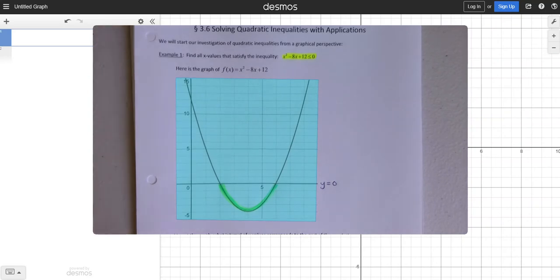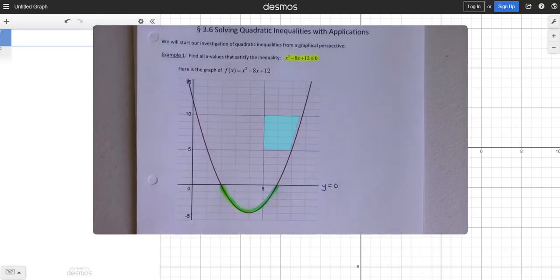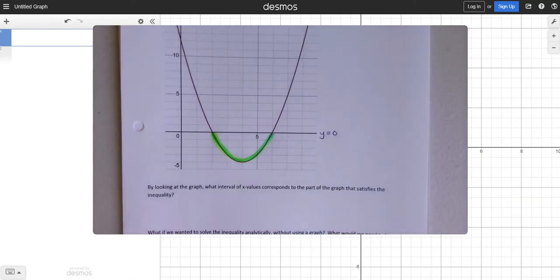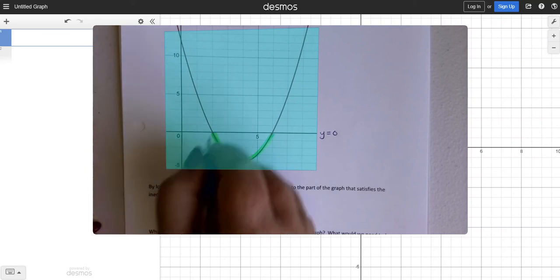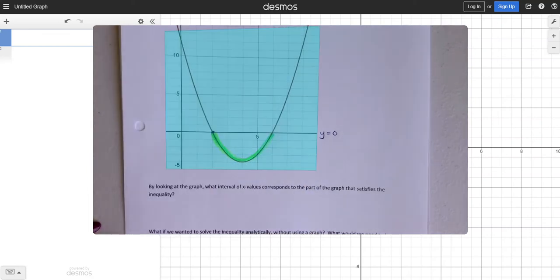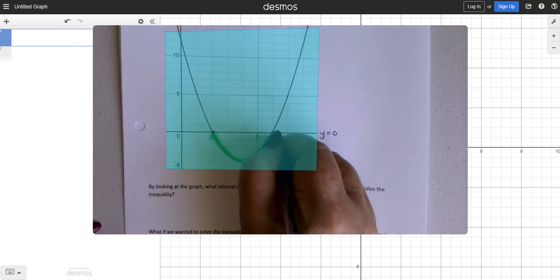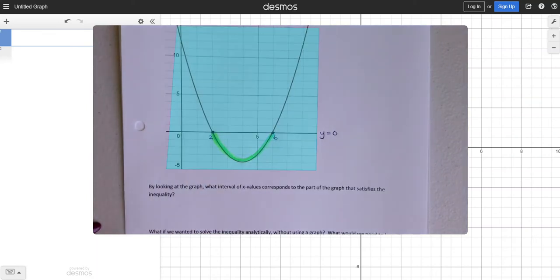In order to answer the question, or in other words, solve that inequality, we need to list the interval of x values that corresponds to this part of the graph that satisfies the original inequality. Now notice, right here we'd have x equal 2, and over here we'd have x equals 6.